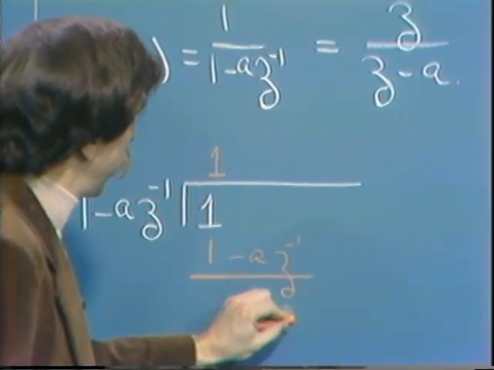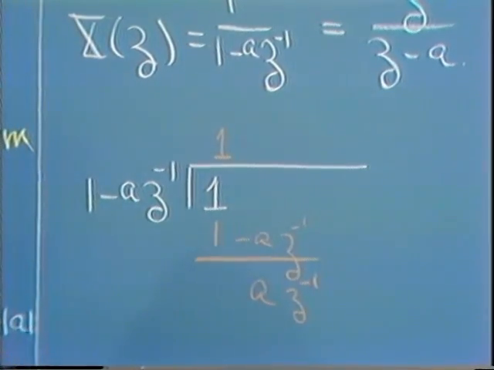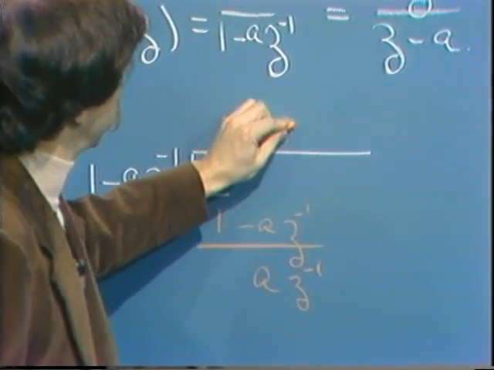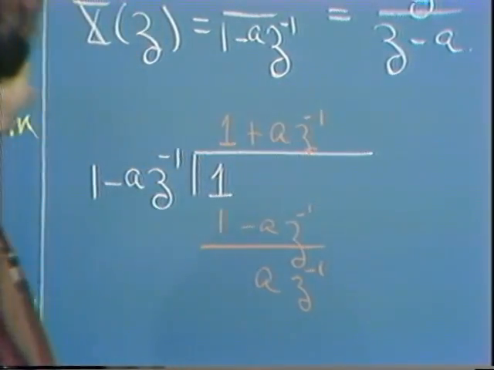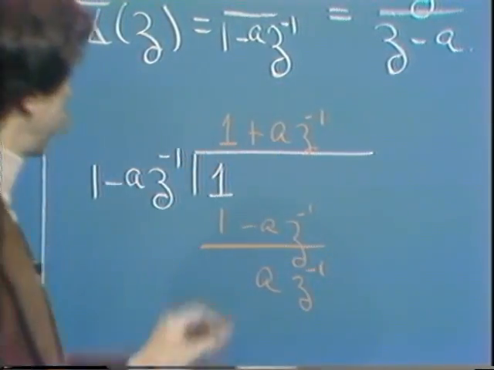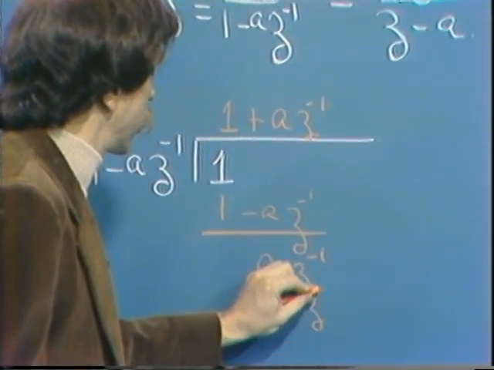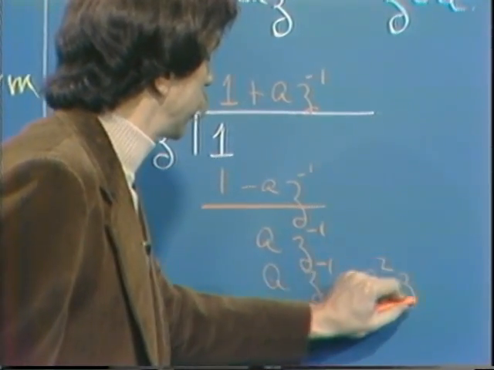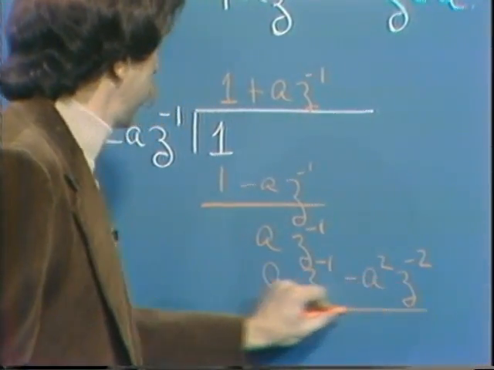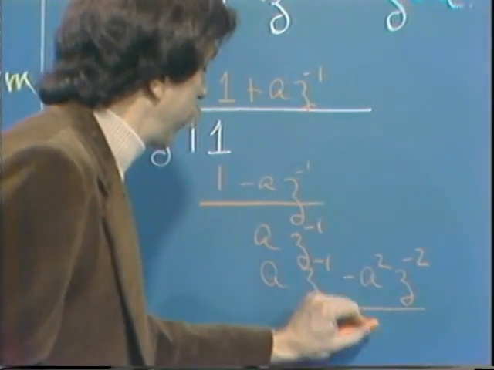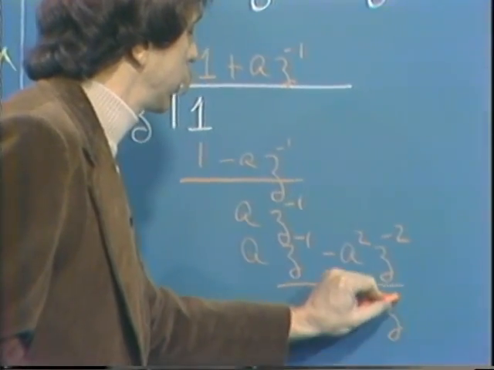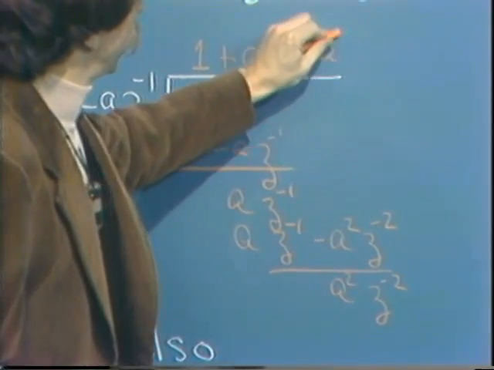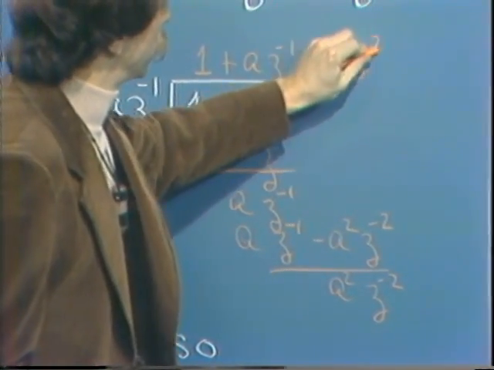Subtracting, we then have a z to the minus 1. Dividing by 1, we then have a times z to the minus 1. Multiplying down again, we have a z to the minus 1 minus a squared z to the minus 2. Subtracting, we have a squared z to the minus 2. Dividing by 1, we have a squared z to the minus 2.